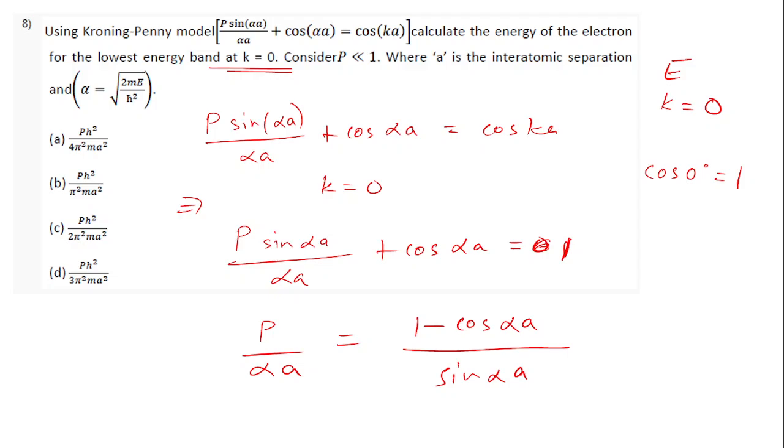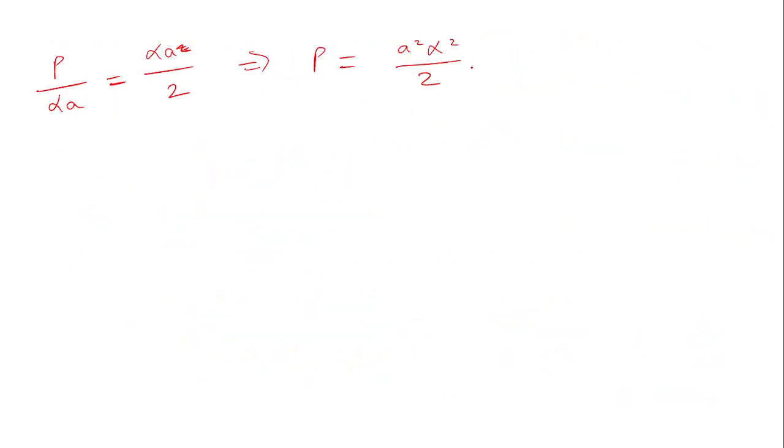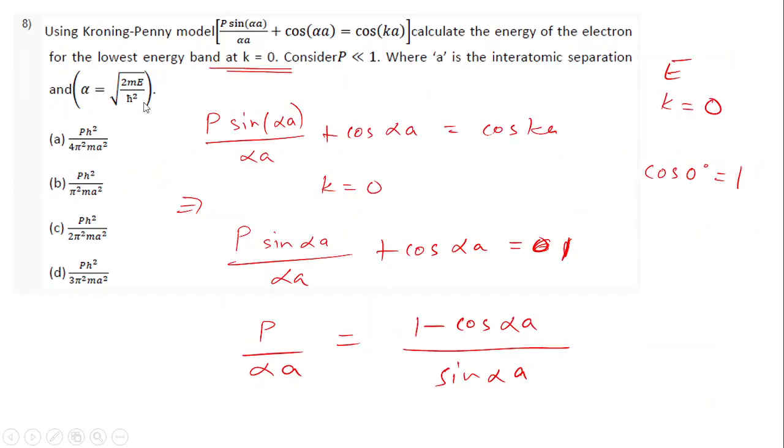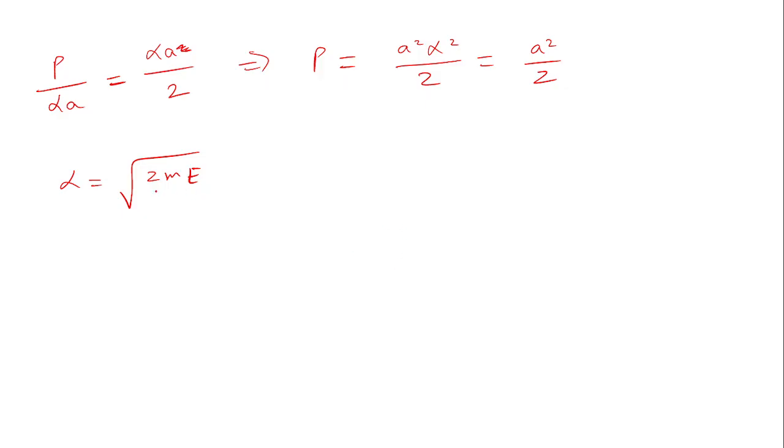And alpha is given as the square root of 2mE over h bar square, so alpha square will be 2mE over h bar square. So when I substitute here in place of alpha square, it will be 2mE over h bar square.